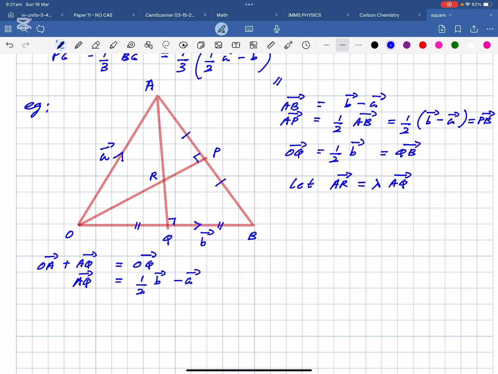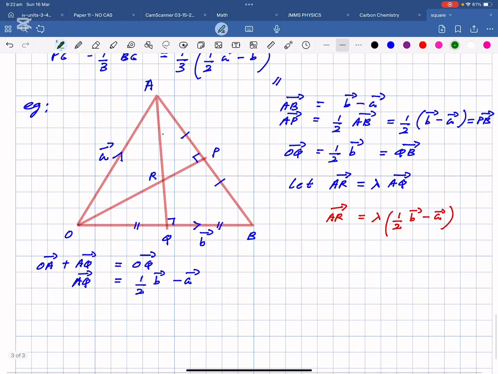Once we have AQ, you can substitute it here. Then what you're going to get is lambda times AQ is going to be lambda times half of B minus A. That is AR. Pretty easy. So we got this one, we got this guy, and that is AR.